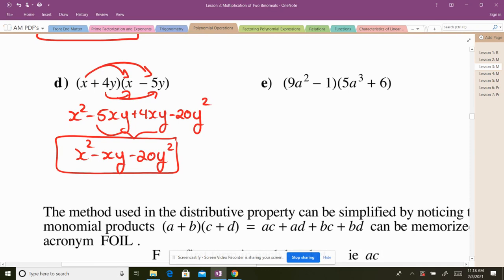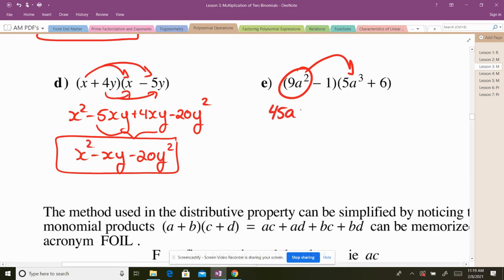E. All right. It's the same process over and over and over again. 9y squared times 5a cubed. What's 9 times 5? 45. What's a squared times a cubed? a to the 5th, because you add the exponents.